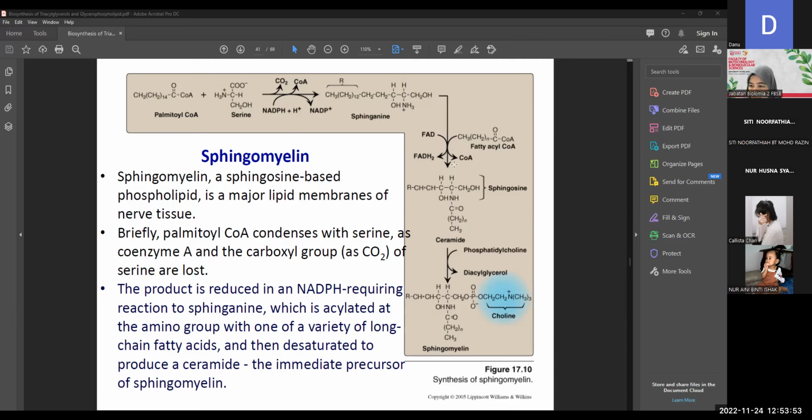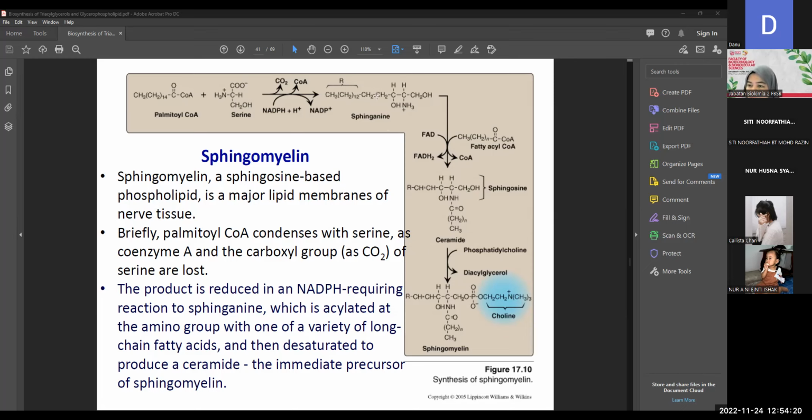It transfers the acyl group to this amino group of sphingenin to form ceramide. It involves the conversion of FAD to FADH2. So this is how ceramide can be synthesized from palmitoyl-CoA.